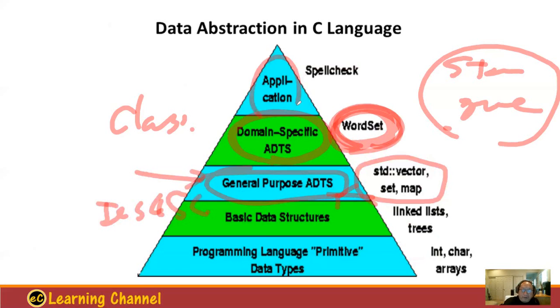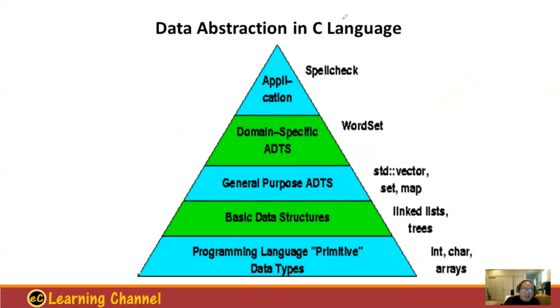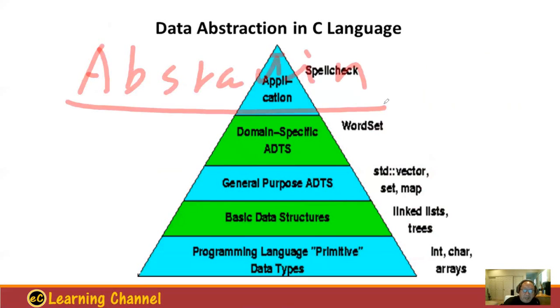And at the top level, you start to build applications, for example spelling check. Say someone writes A, B, S, and then R, A, C, T, I, N. This data is sent into my word set.